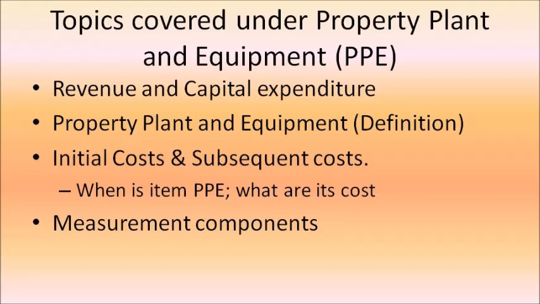That is, what are all the costs which comprise the property, plant and equipment definition, and what are the criteria to be fulfilled in order to identify a particular item as property, plant and equipment. Finally, the measurement components of property, plant and equipment. These are the things which you are going to understand in this video. The remaining parts of Ind AS 16 will be covered in subsequent videos.